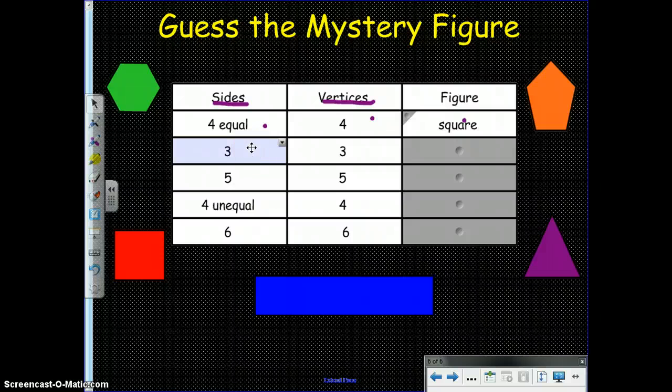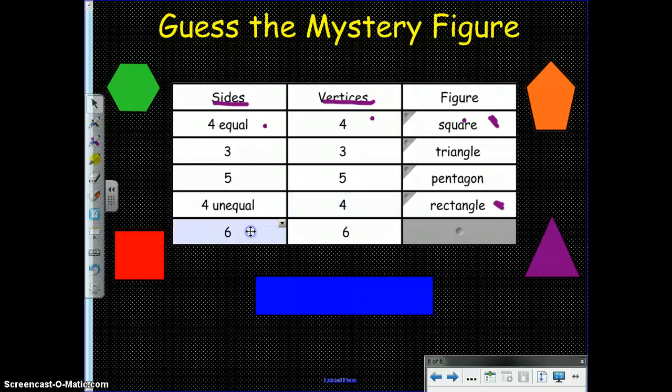It has 3 sides, 3 corners, 3 vertices, then it's a triangle. 5 sides, 5 angles, 5 vertices, pentagon. 4 unequal sides, 4 vertices. You could call it maybe a rectangle. Really, it's a quadrilateral. It's a 4-sided figure, 4 angles. You'll see next lesson how we categorize a rectangle and how we categorize a square and what makes them so unique.